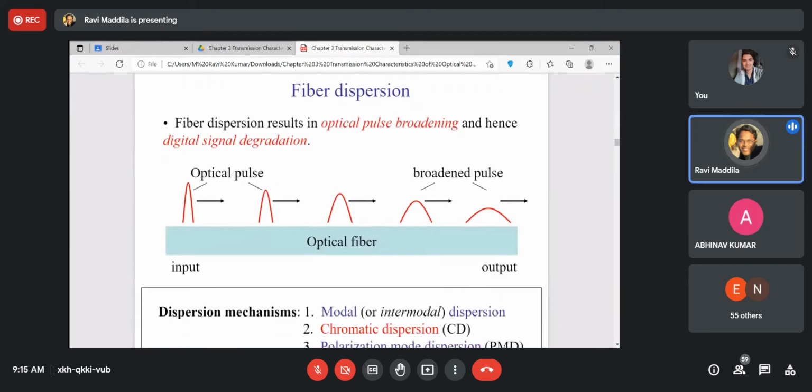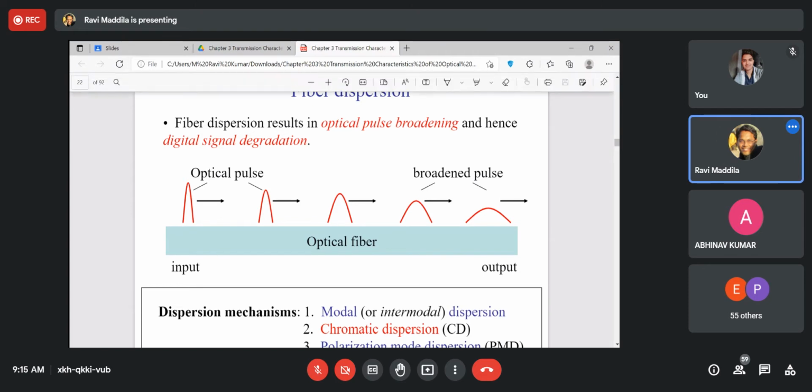Now coming to dispersion. This figure shows an outline of how dispersion occurs. Not exactly how, but what is its effect. Fiber dispersion results in optical pulse broadening and hence digital signal degradation.